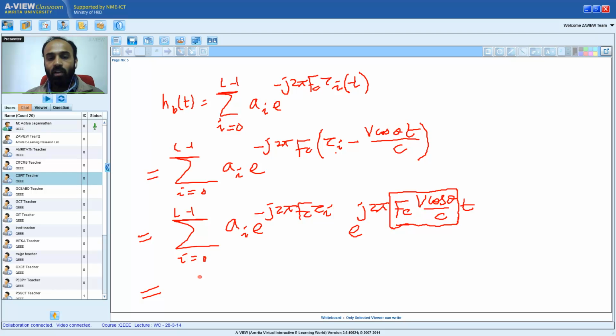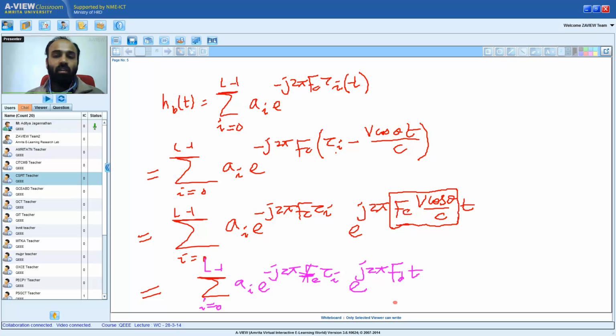So this is equal to summation i equals 0 to L minus 1 of a_i e to the power of minus j 2 pi f_c tau_i e to the power of j 2 pi f_d t, where f_d is the Doppler frequency.